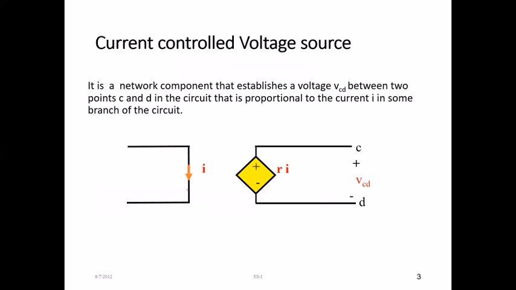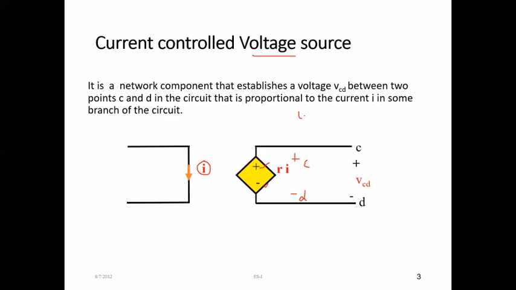So how can we indicate a current controlled voltage source, or current dependent voltage source? The voltage source is indicated with a plus and minus symbol placed in a diamond shape. As I said, it is a voltage source, and it is going to produce a voltage between the terminals C and D. But the voltage across C and D depends upon the current flowing in some other branch.